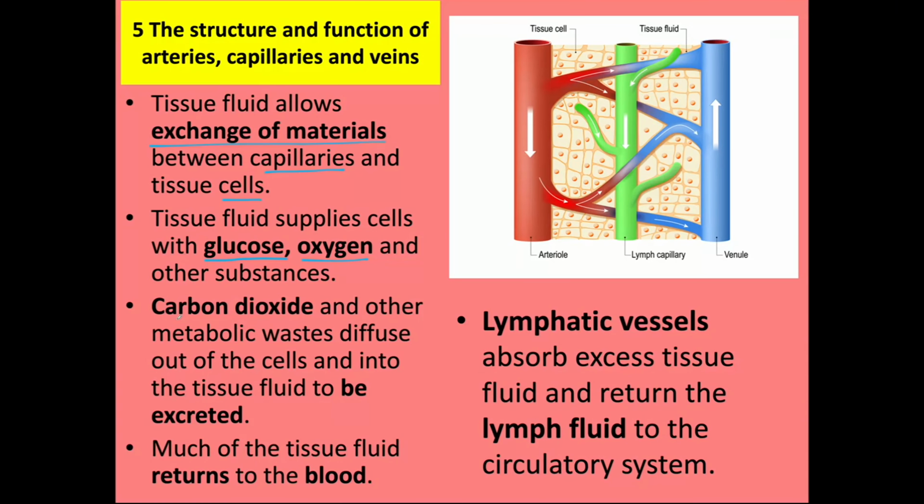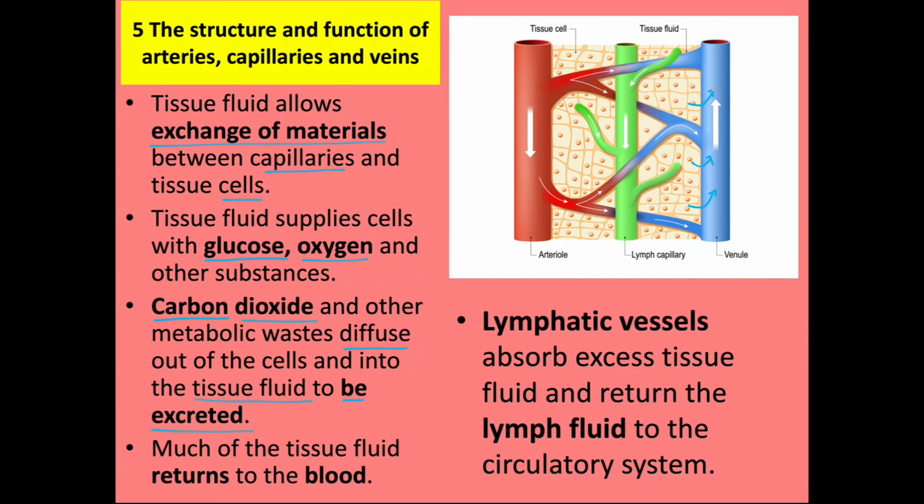Now, the cells don't just take in substances, they also give out waste products, and those include carbon dioxide as well as other metabolic wastes. Those wastes diffuse out of the cell and into the tissue fluid so that they can be excreted. If we take carbon dioxide as an example, that will leave those tissue cells and diffuse into the veins here.